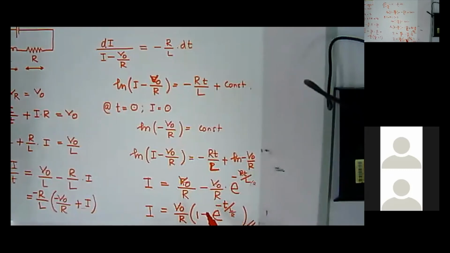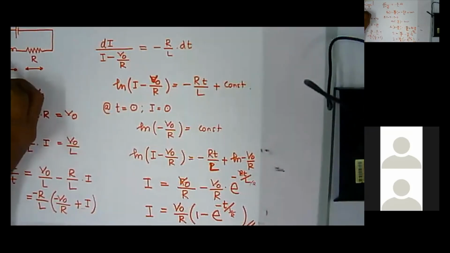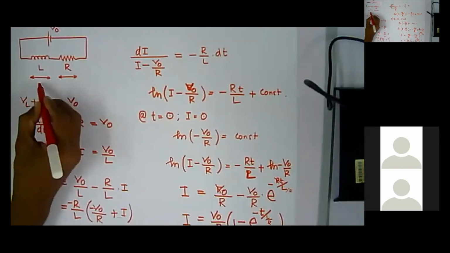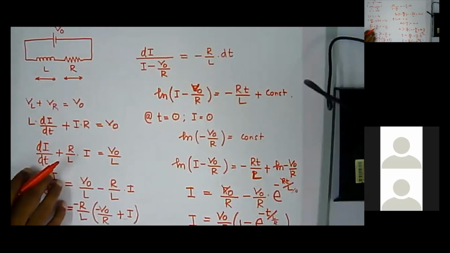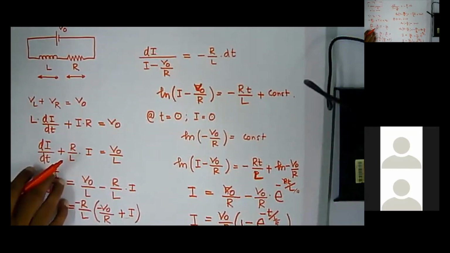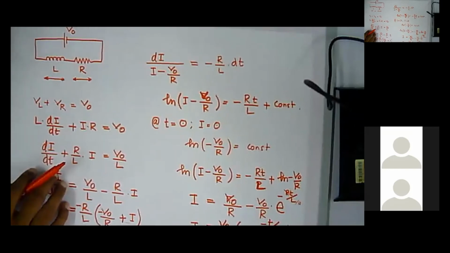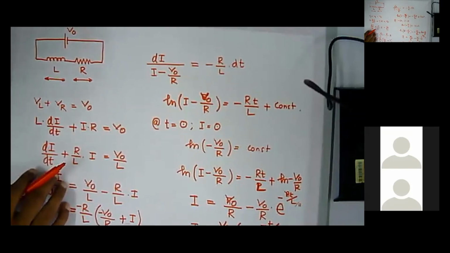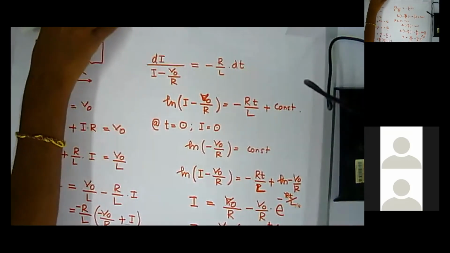So at steady state, you can say that the voltage across the inductor VL becomes 0, right? So we have seen that the voltage across the inductor is e to the power minus 1 over inductor, yes.